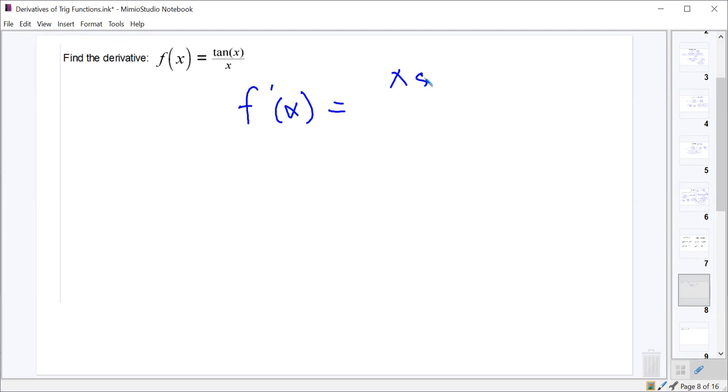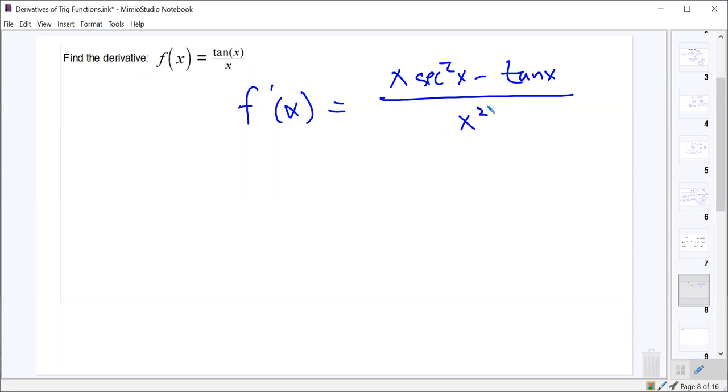So x secant squared x minus u, so tangent, times the derivative of x, which is 1, so we don't even need to write the 1, all over the denominator squared, x squared. Good or no? All right, that's it.